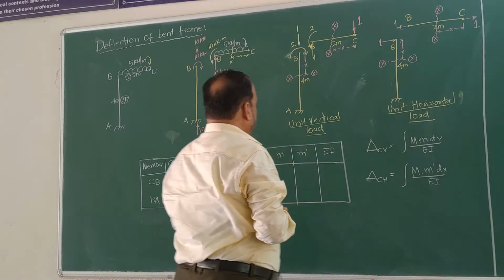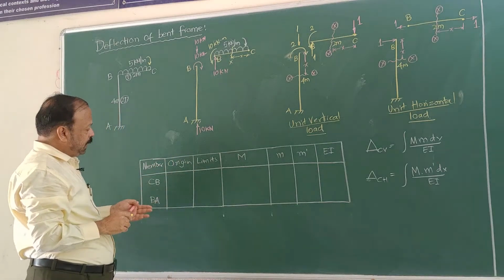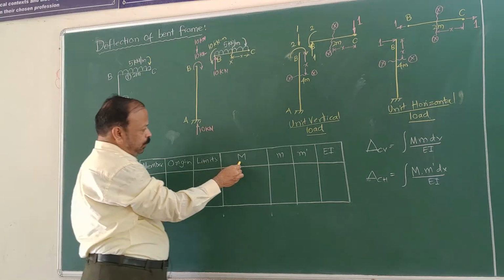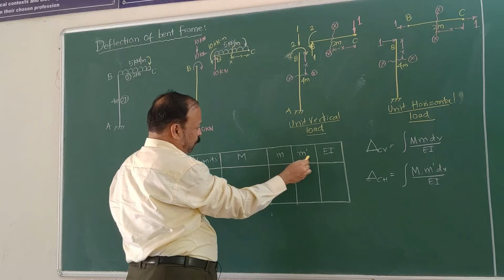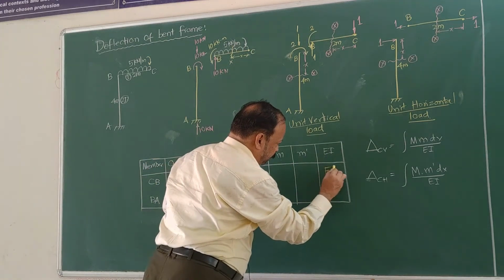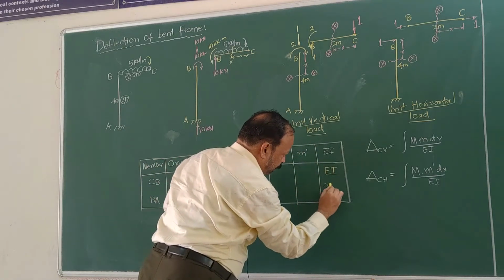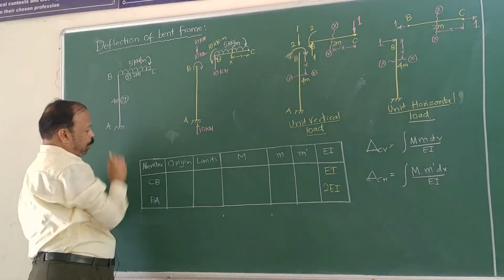Okay. So now for the calculation of deflection, first we will list out the things as follows: member, origin, limits, moment due to applied load, moment due to unit vertical load, moment due to unit horizontal load, and the respective EI. EI for the member CB is EI, and for the member BA it is 2EI, as given in the problem.